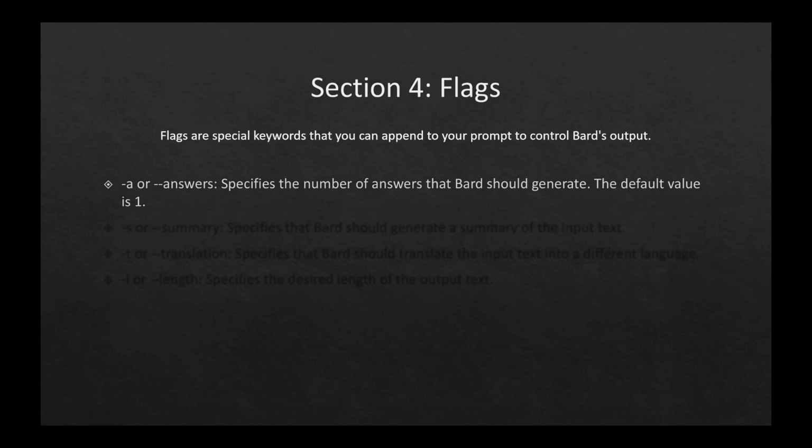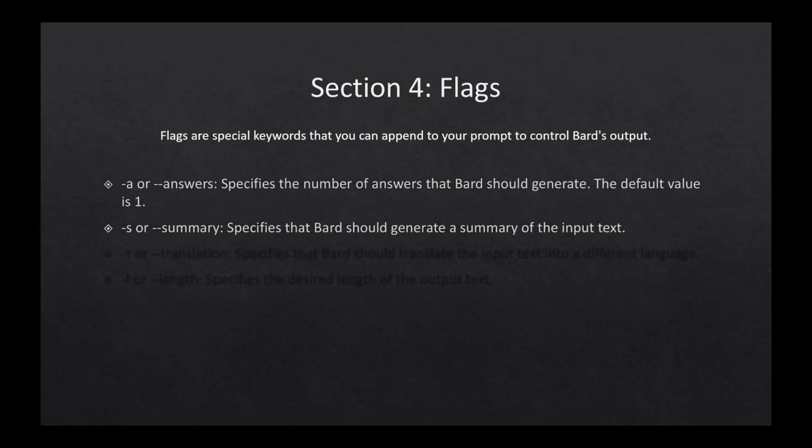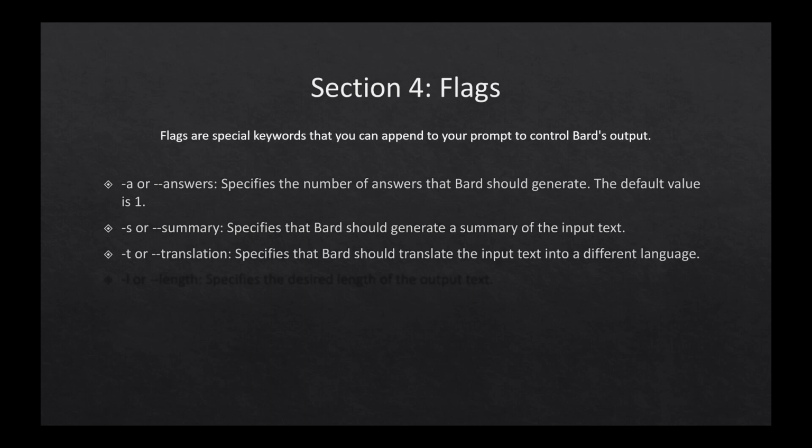By default, the value is 1. -s or --summary specifies that Bard should generate a summary of the input text. -t or --translation specifies that Bard should translate the input text into a different language. -l or --length specifies the desired length of the output text.